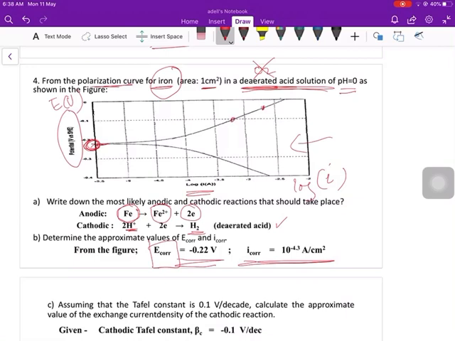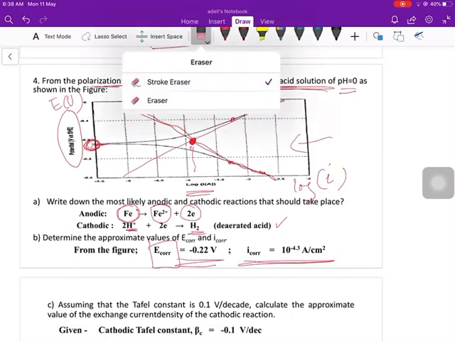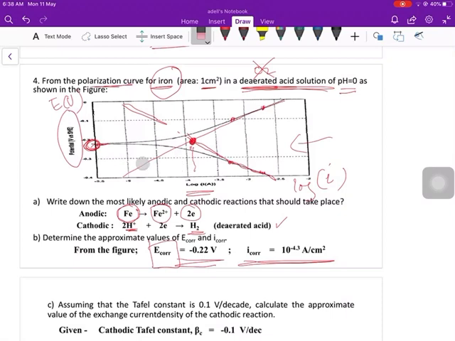To determine the Icorr, the corrosion current density, you just take 2 points at the straight line here, and 2 points at the bottom here. You just get a ruler and extrapolate this linear line. You can find a cross. At the cross, this is the value.